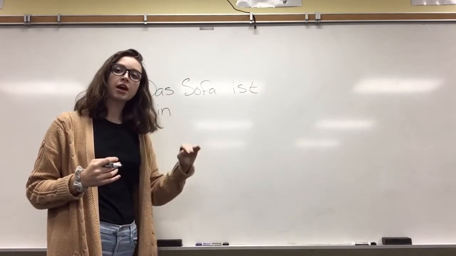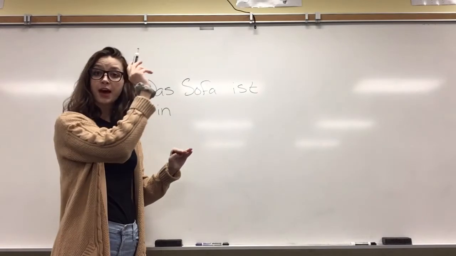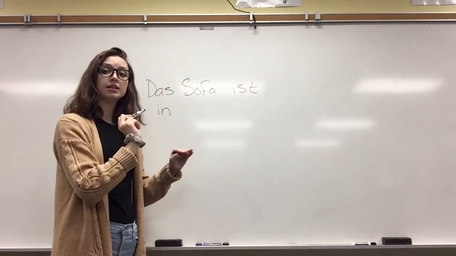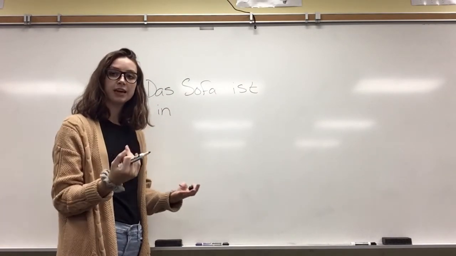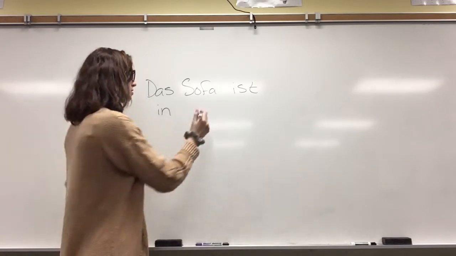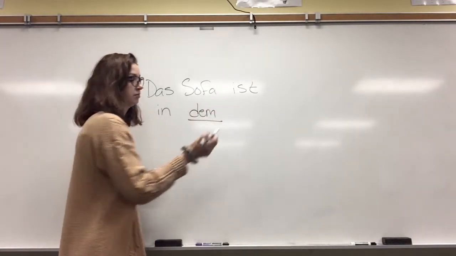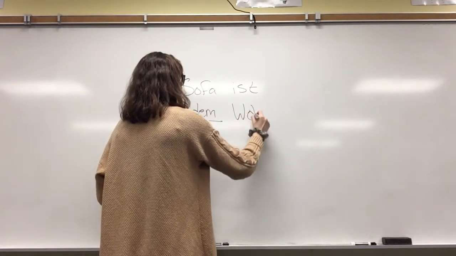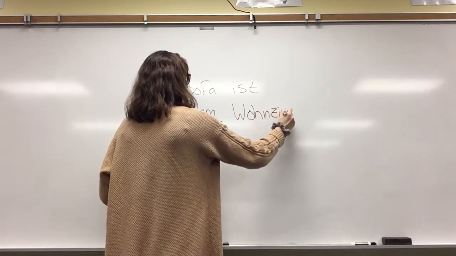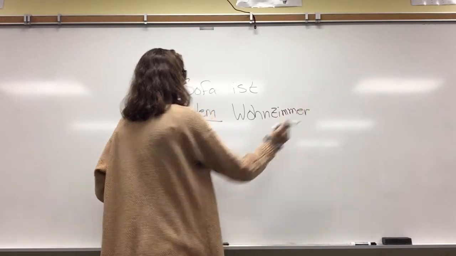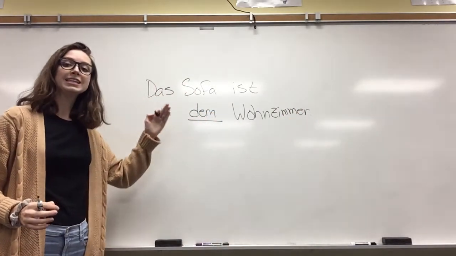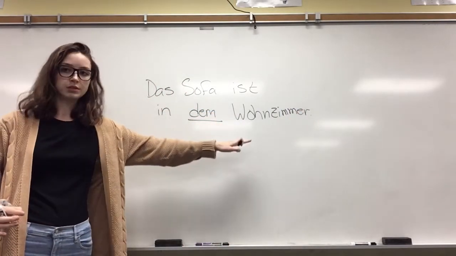So, looking at our table, we know that a neuter item in the dative is going to be dem. So, in dem Wohnzimmer. Das Sofa ist in dem Wohnzimmer.